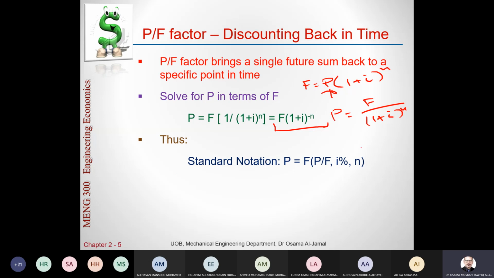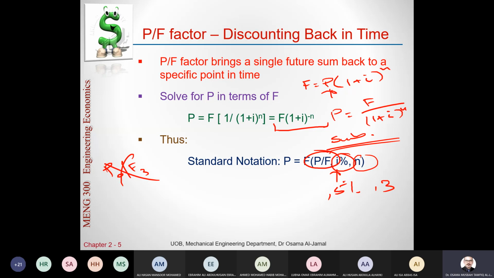I'm repeating this point again. Whenever you solve any problem, don't put them as I% and N. Just substitute the values directly in here, 5%, 3, or whatever. That one, no one will change.